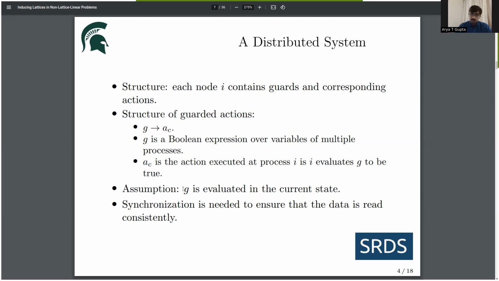To ensure this assumption, we need synchronization. Synchronization is needed to ensure that the data is read consistently. Depending on the problem and what the algorithm needs, we can use different types of synchronization.